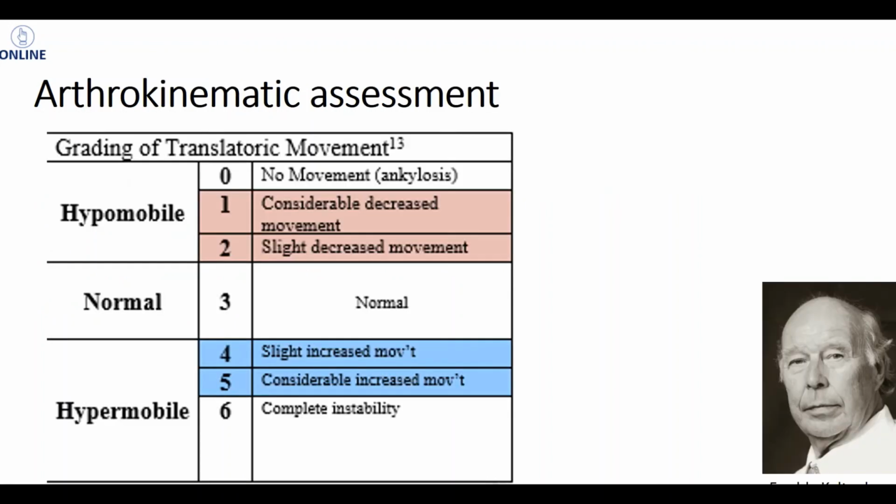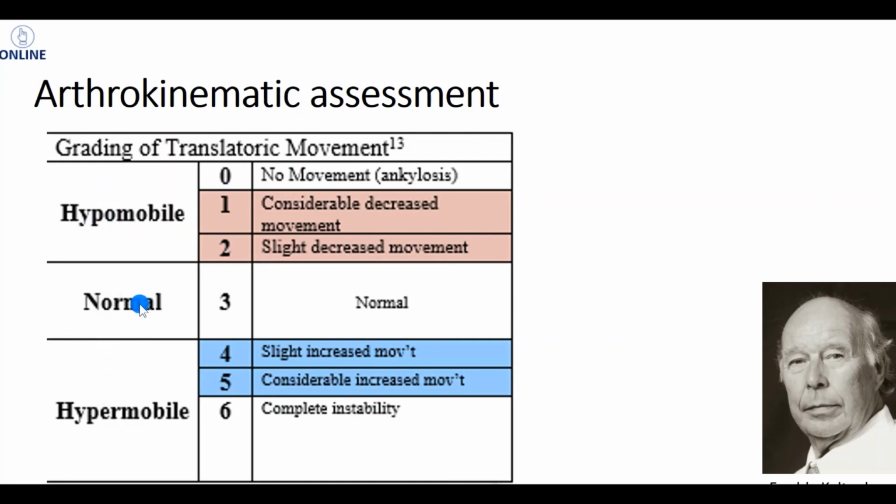And with that movement, this is something to be done more in MSK1. As you do these movements, and this is primarily translatory movements, there is the Kaltenborn scale of 0 to 6. Other people use just a more simple 3-item scale. Is something hypomobile, which means it's not moving enough?